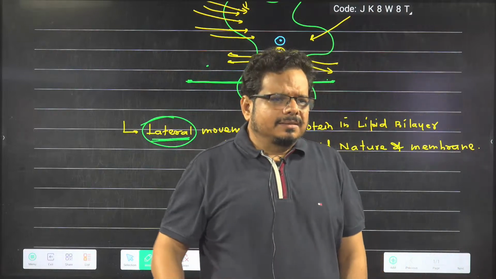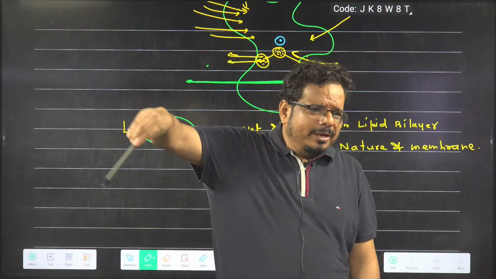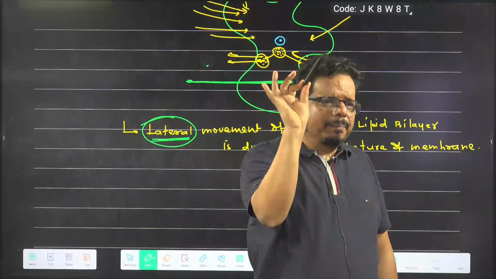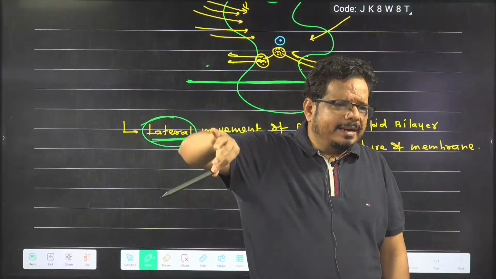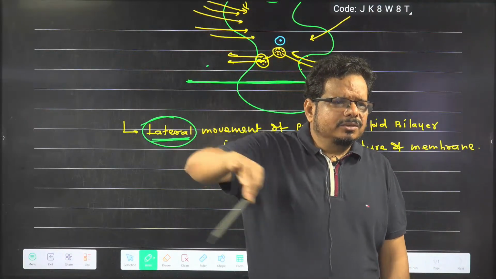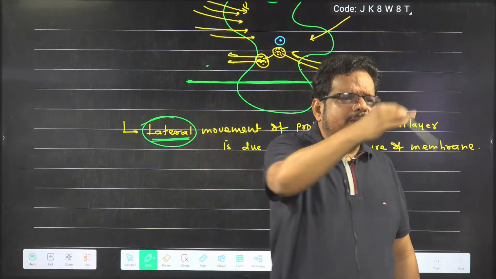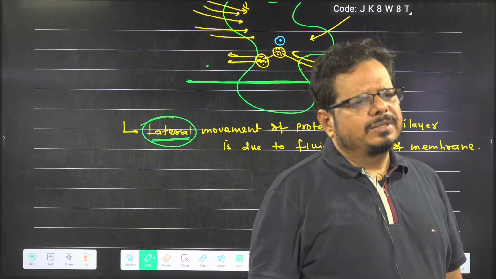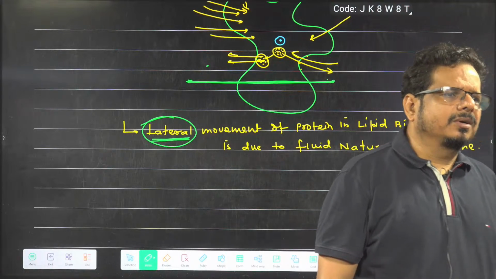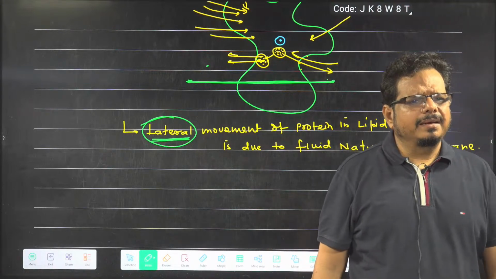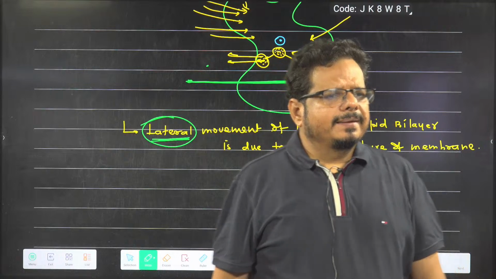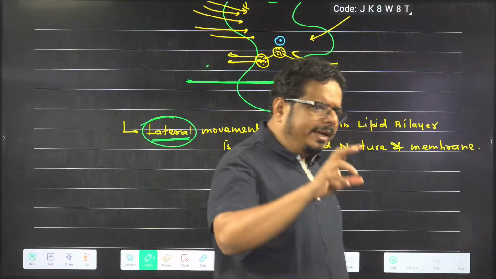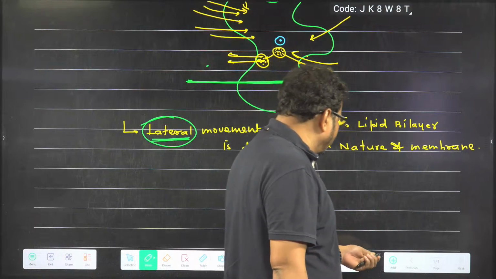Got the idea? What I am doing right now is lateral movement. This marker pen is doing which movement right now? Lateral movement. So this lateral movement is possible due to which one? The quasi-fluid nature of the plasma membrane. Got the idea? You got the things? Okay, so protein is moving in the lipid bilayer due to quasi-fluid nature.